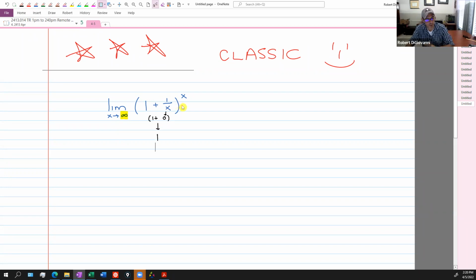But where's the exponent headed? Infinity. 1 to the infinity is an indeterminate form. The base is like, I want to be 1. And the exponent's like, no, I want to make you bigger and bigger and bigger, right? This is indeterminate.